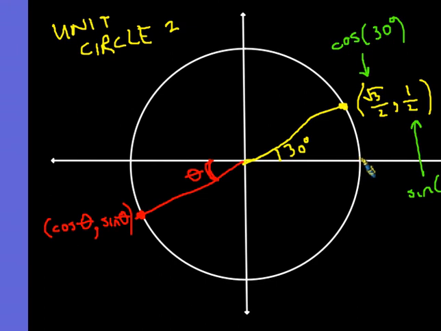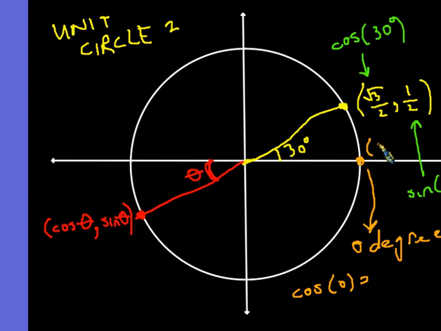It turns out that this guy right here is 0 degrees, and at 0 degrees we can easily find the cosine and the sine. The cosine of 0 degrees is going to be equal to whatever the value of x and y is here.